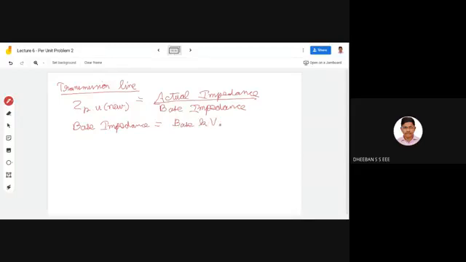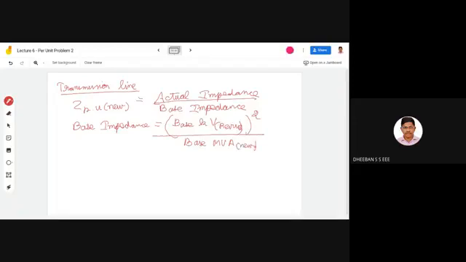Over here we are using kV, so base kV the whole square. You have to use the revised voltage, because it is on the secondary side of the transformer, the whole square divided by base MVA new.